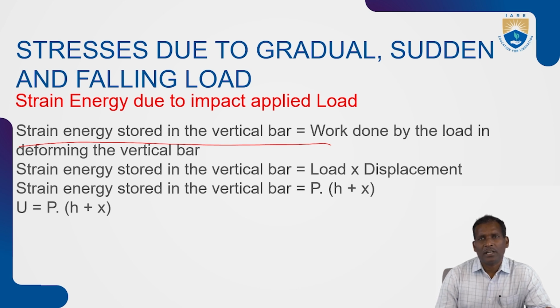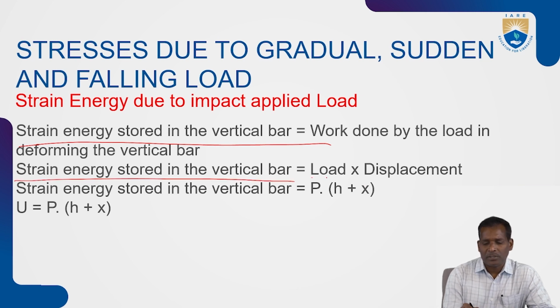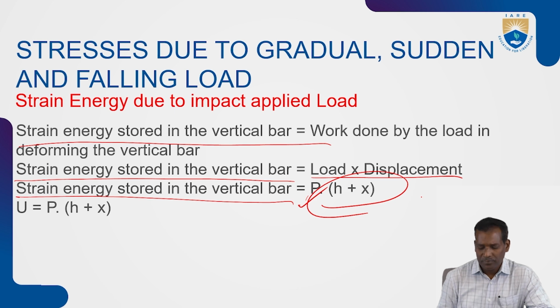So how much work is done? Strain energy stored in the vertical bar is nothing but load multiplied with displacement. The load is P and the displacement is H plus X.